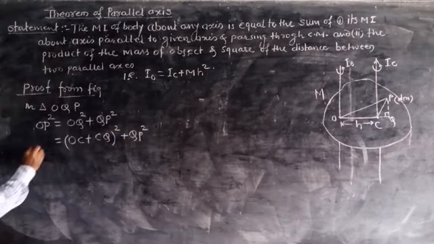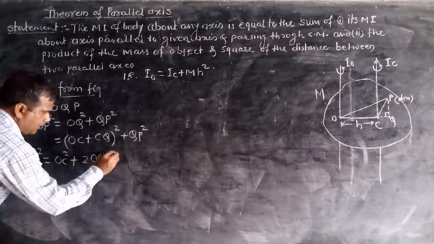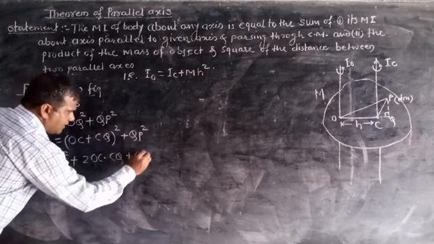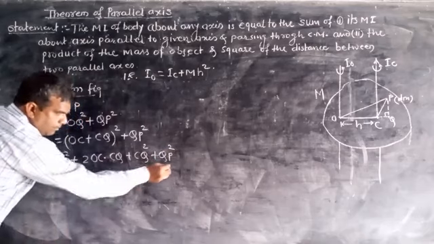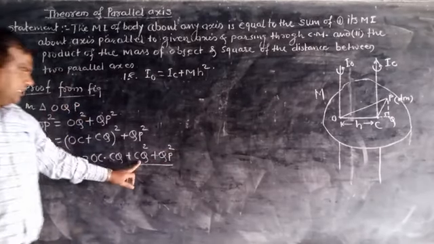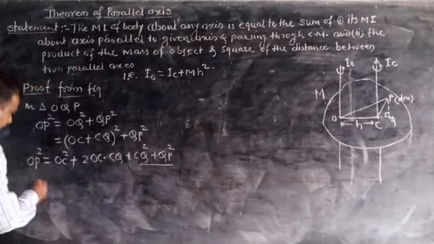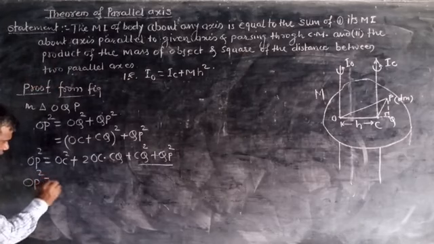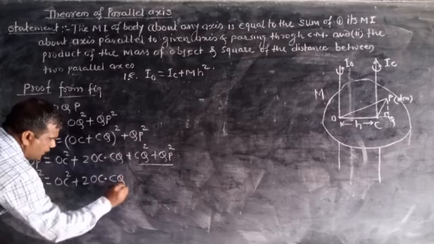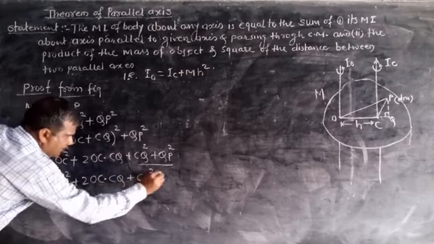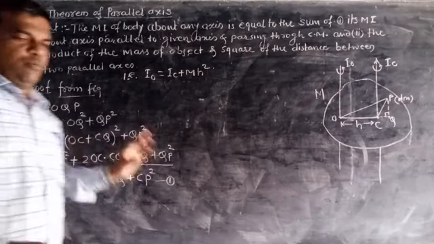Therefore OP square equals OC square plus twice OC into CQ plus CQ square plus QP square. But CQ square plus QP square is equal to CP square, and therefore OP square is equal to OC square plus twice OC into CQ plus CP square. This is equation 1, the formula for OP square.